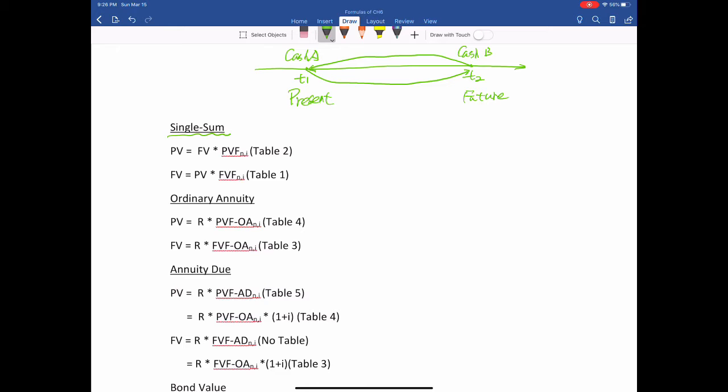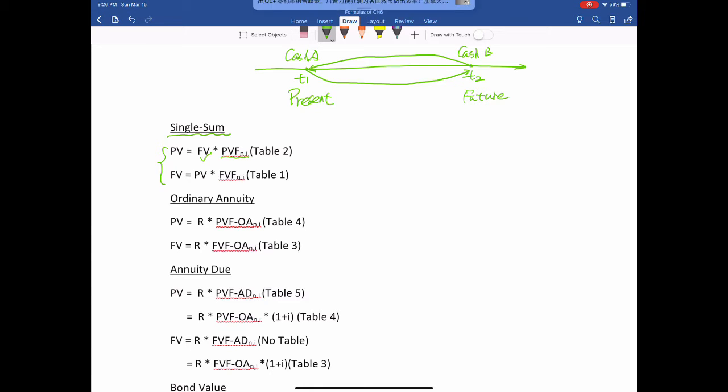So we have the tools here, the two formulas. If we have money in the future and we want to learn its value at the present, we basically multiply the amount with a present value factor.